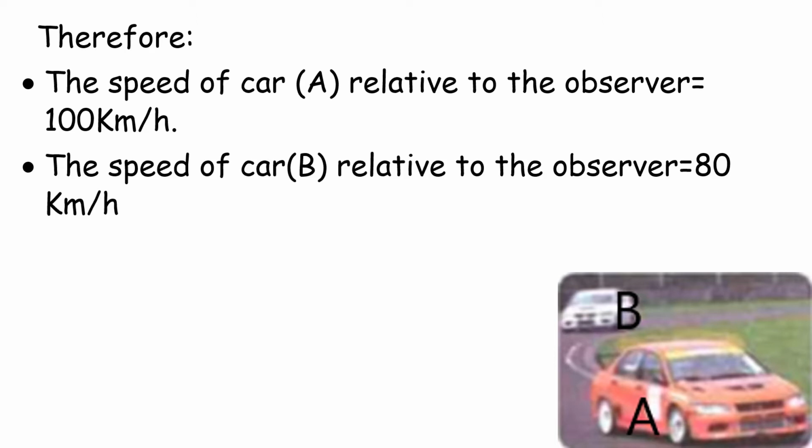The speed of car B relative to the observer equals 80 km per hour. Here, the words relative to mean "with respect to": car A relative to the observer is 100 and car B relative to the observer is 80 km. In both cases the observer's speed is 0.